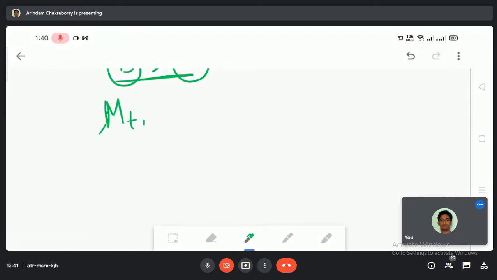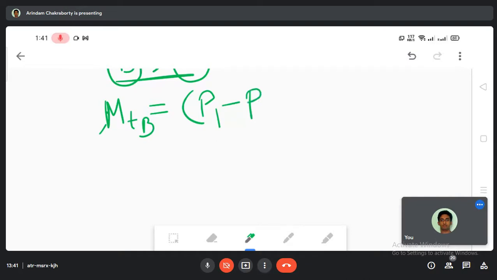So what I can do, at first let us find out the torque of B, that is MTB is equals to P1 minus P2 by D. Now try to understand. D will be confusing, so let me write R1 itself.